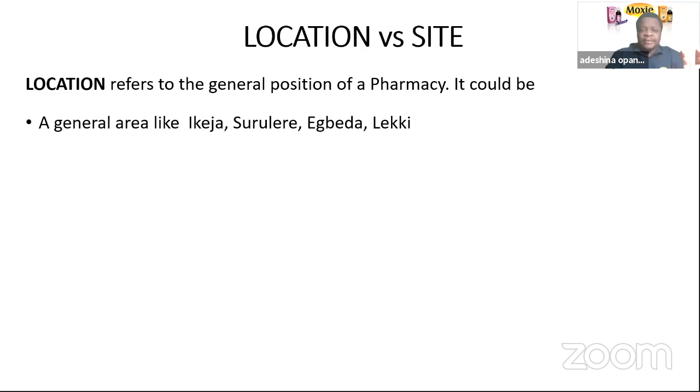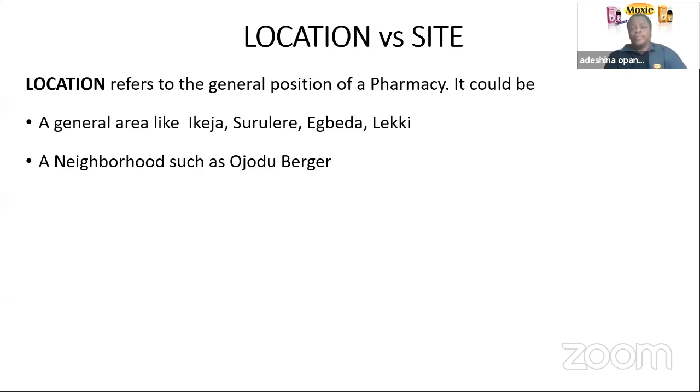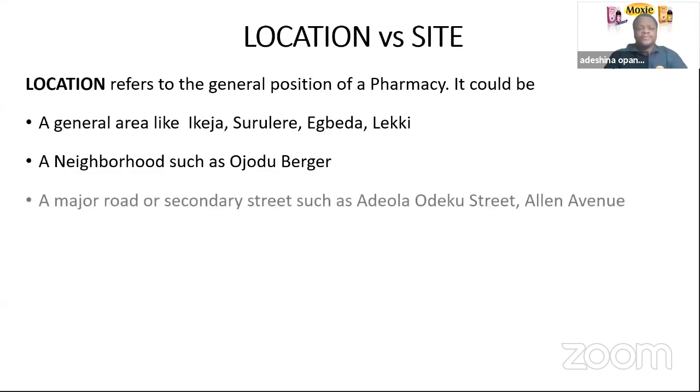That can very well be described as a location. It can be a neighborhood like Lekki Phase 1, Unilag Estates, Ojodu Berger, Mile 1, depending on where you are, Rumukushi.